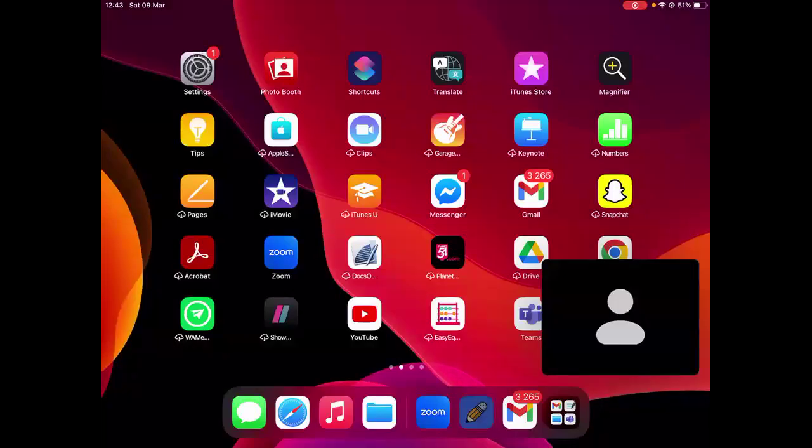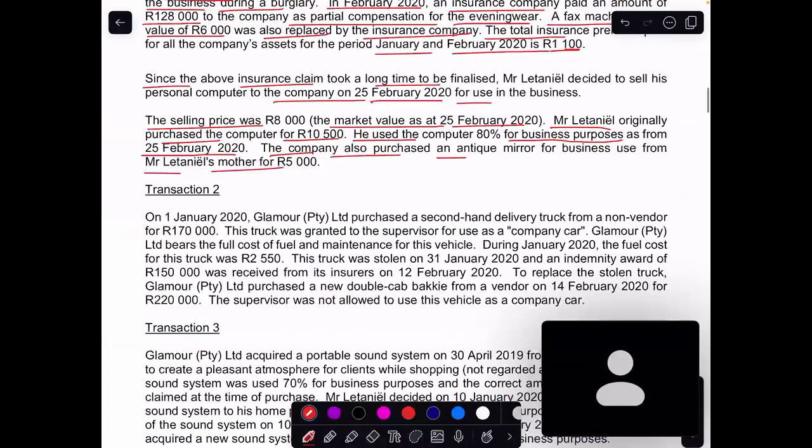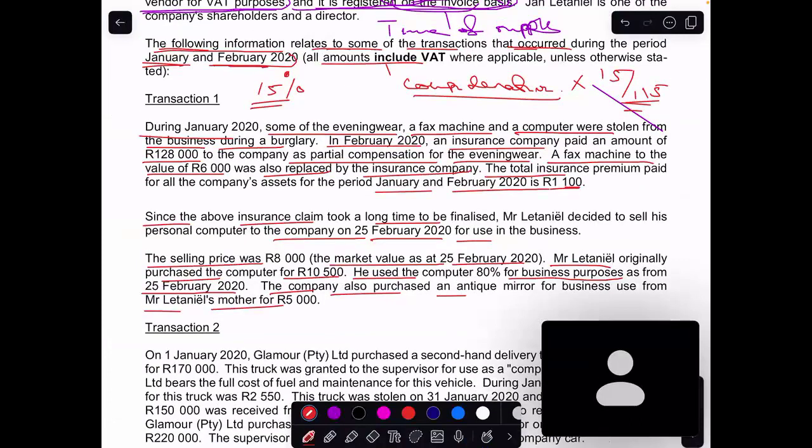Right, let's go back to that information and now try to identify items that will give rise to VAT output first. Then after that, we go to items that will trigger VAT input.